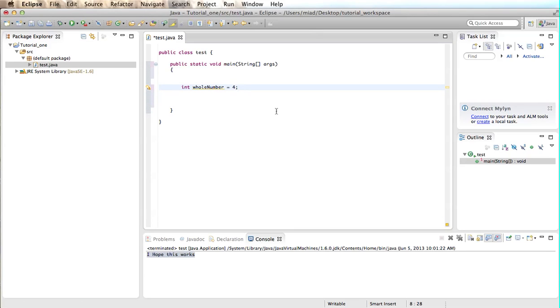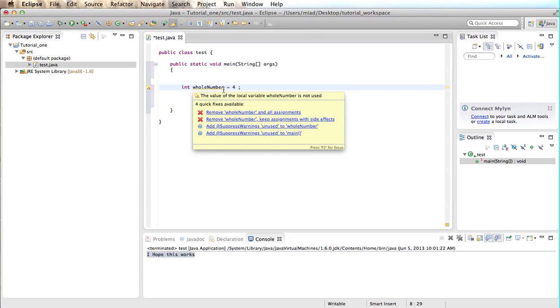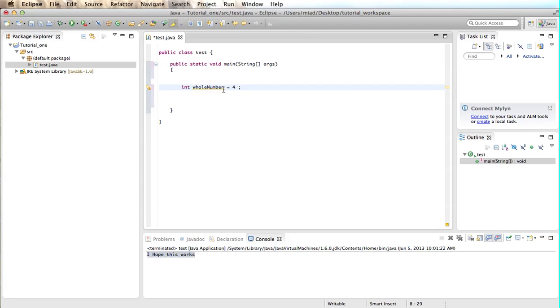You say, I want to reserve this spot, call it whole number, and the computer's like, okay, what do you want to put in there? And you say, well, I'm going to make it a little bit tricky. I'm going to say 4 plus 5. And the computer's like, okay, I know what 4 plus 5 is. It's 9. So do you want 9 to be put in there? And you're like, yep, that's exactly what I want.